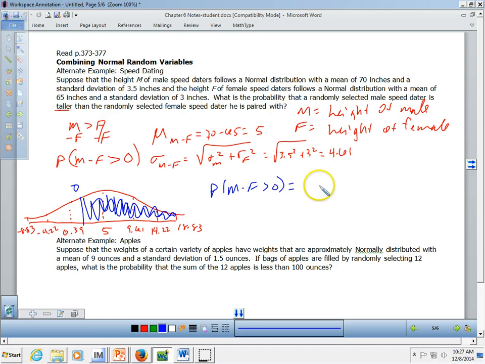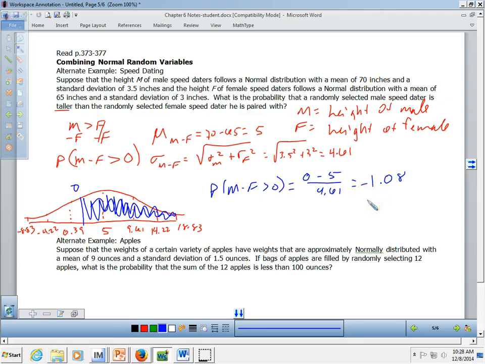Now, there are two different ways you can go about this. Okay? Z-score calculation, right? I want to know the probability of being bigger than 0. I can go 0 minus 5 over 4.61 and get a Z-score of negative 1.08.